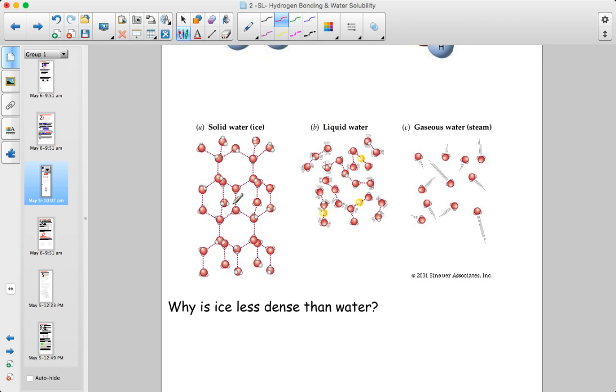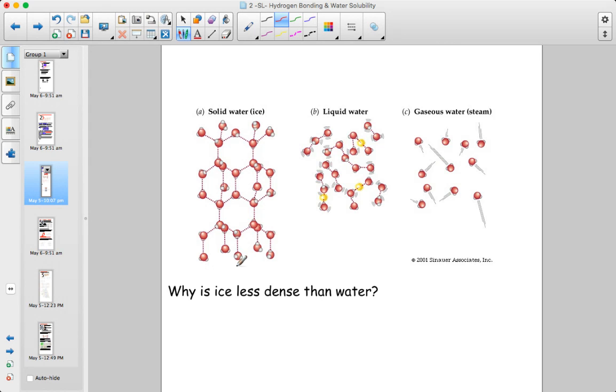Water takes a very regular arrangement, and every single water molecule is forming 4 hydrogen bonds with its neighbors in a nice tetrahedral arrangement. It's actually the reason why ice is less dense than water, because in ice, every single water molecule is spread out from its neighbors with this distance of a full hydrogen bond.